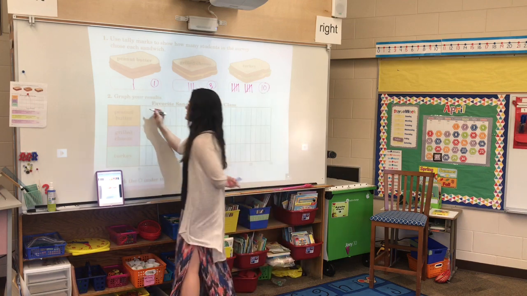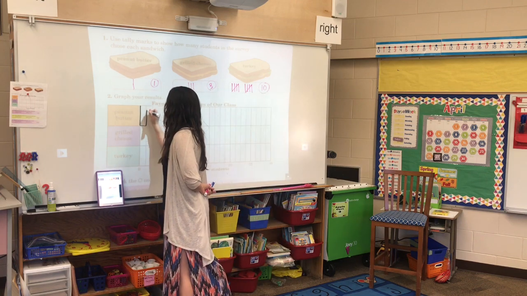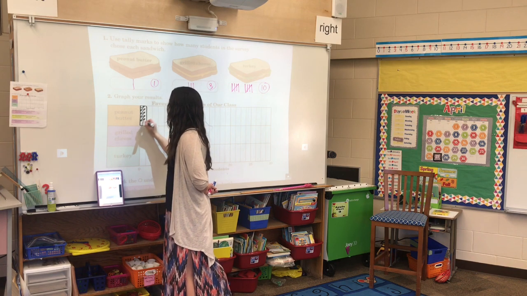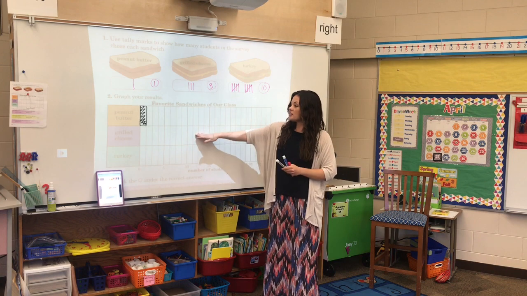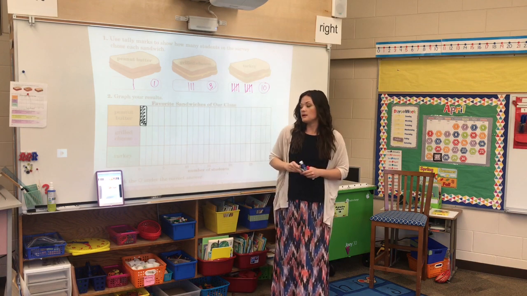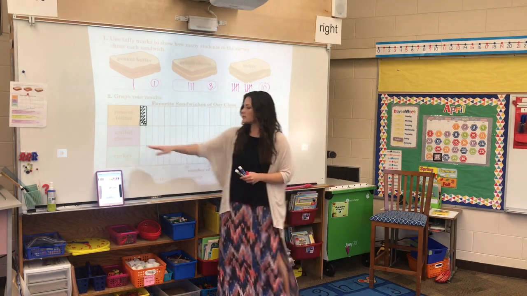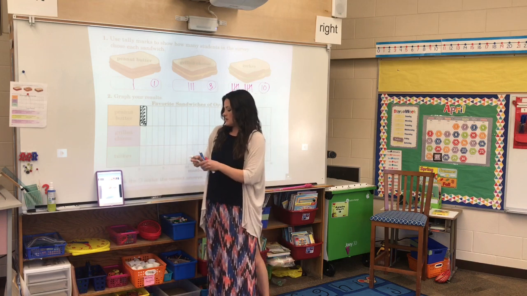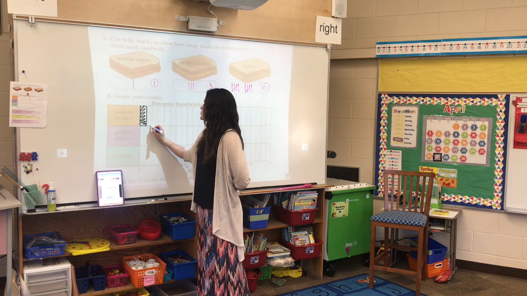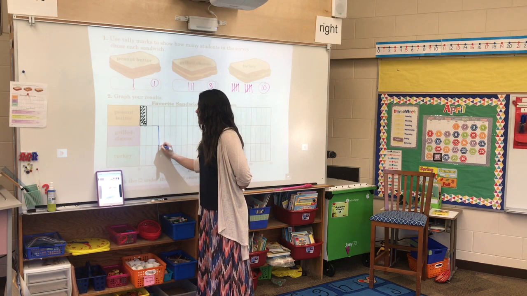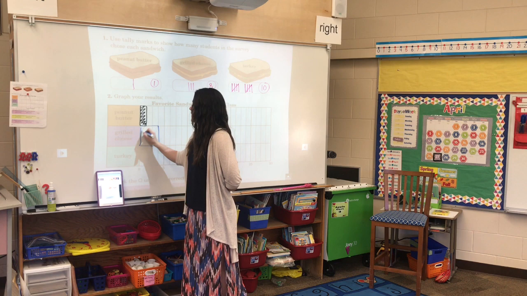So I'm gonna use my black to start with, and I'm just going to color in 1 bar, because it was just me. And then for our grilled cheese, we had 3 different people. So counting along the bottom, I'm gonna use a different color. Let's use blue. I'm gonna count 1, 2, 3 that liked grilled cheese, and I'm gonna color that in.